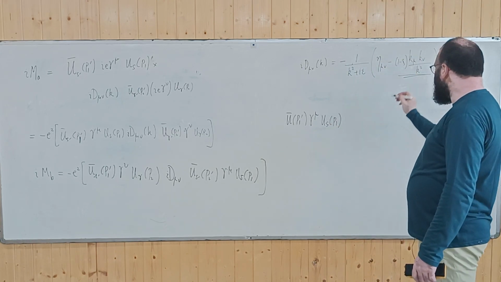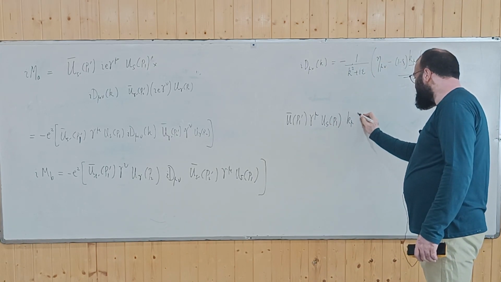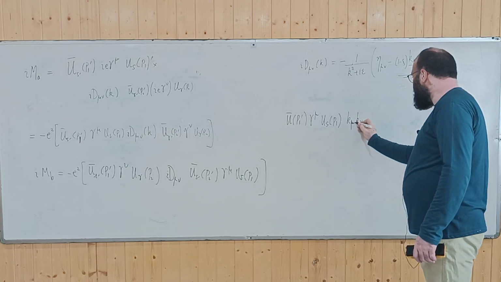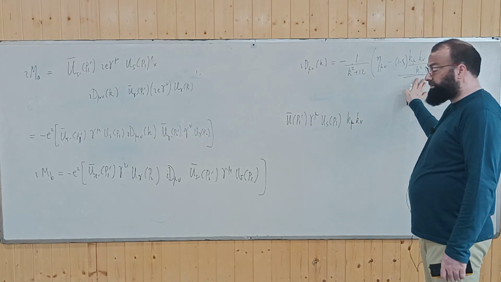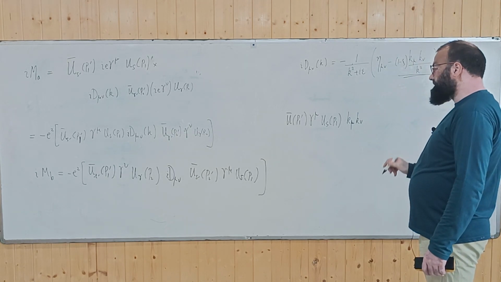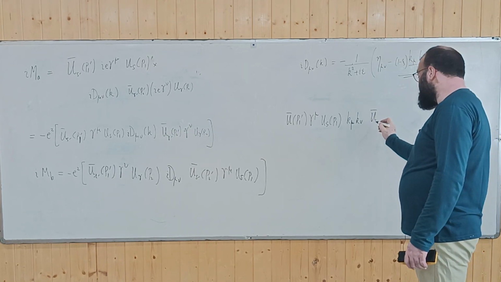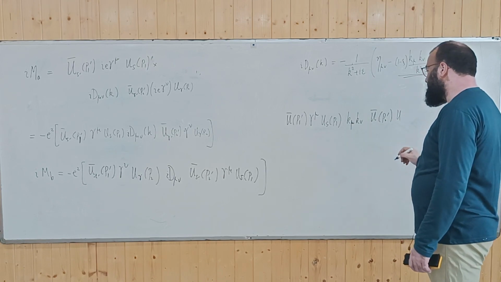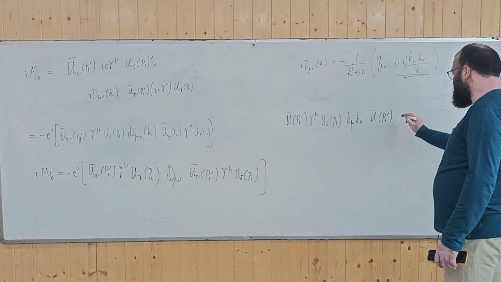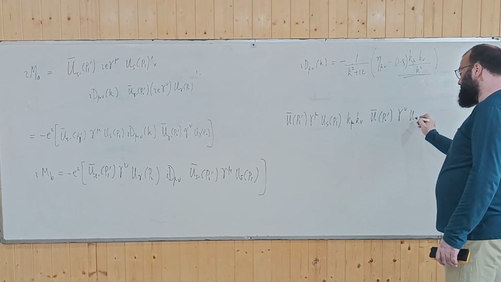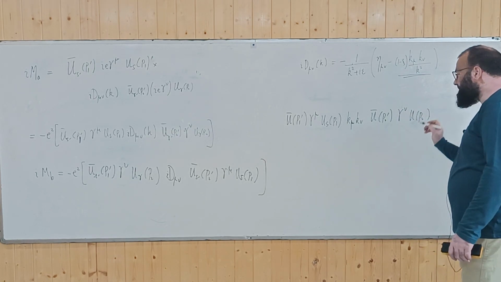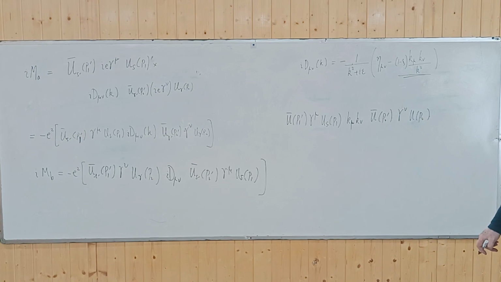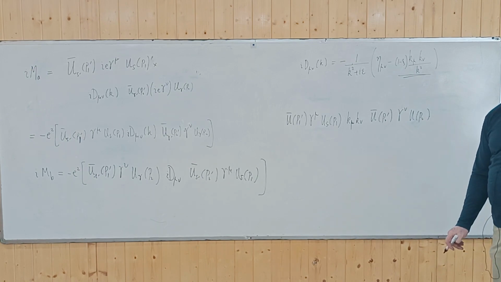Then you are having this very factor k mu. Forget about this k square because it's a number. These are the vectors. Then you are having u bar p2 prime, then gamma nu, then u p2. So we need to check what exactly this is, whether this is equal to 0 or not.